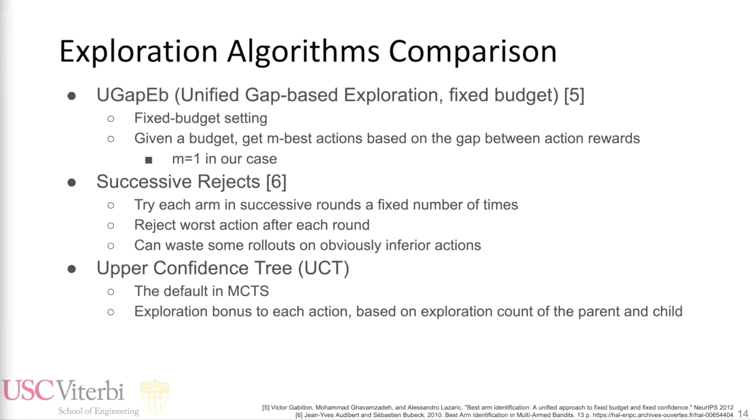This style of incremental elimination can be wasteful if you have some obviously bad actions that you should eliminate. We then compared these against the default UCT algorithm in POMCP. In UCT, an exploration bonus is given to choosing each action using the number of times the parent and child have been explored.